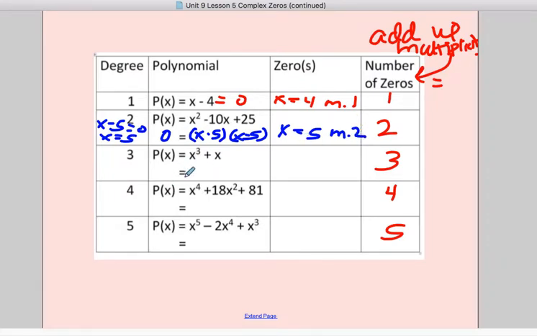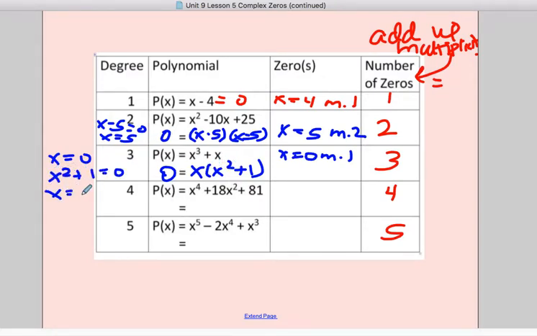Okay. The next one, it's a cubic. I would first go ahead and GCF. My GCF would be x, and then I have x squared plus 1. Then I would set each part equal to 0. I would have x equals 0, so that's 1 zero, multiplicity of 1. And then I'll have x squared plus 1 equals 0.